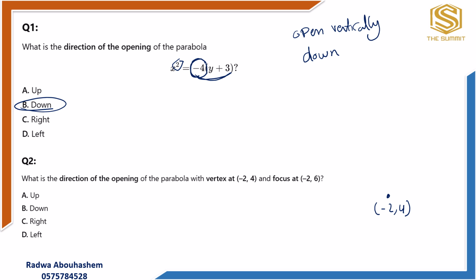And you are increasing the y. The 4 becomes 6. So it's -2 and 6. This is the focus. So this means that you are going up. You still have the same value of x, but the increase in the y. If you have a decrease in y, this means that you are going down.